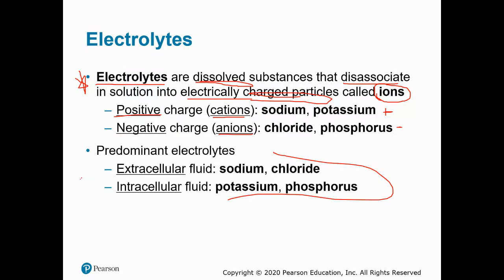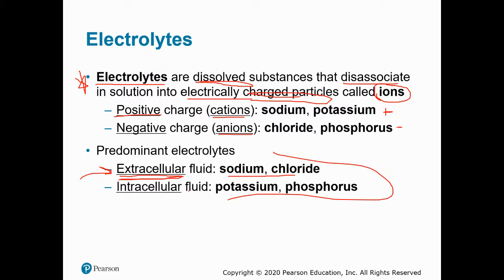Also, we're going to note that these electrolytes do move from outside a cell to inside a cell and vice versa, but sodium, chloride, potassium, and phosphorus have general at-rest locations. When the body is at rest, sodium and chloride tend to exist in extracellular fluid.